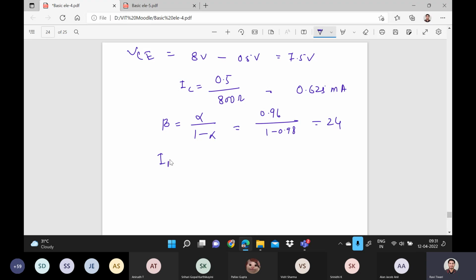And IB is equal to what? IC by beta. Yes, IC by beta, correct? So it will be 0.625 divided by beta, which we calculated as 24, and you will get the value of IB. Tell me the value of IB.